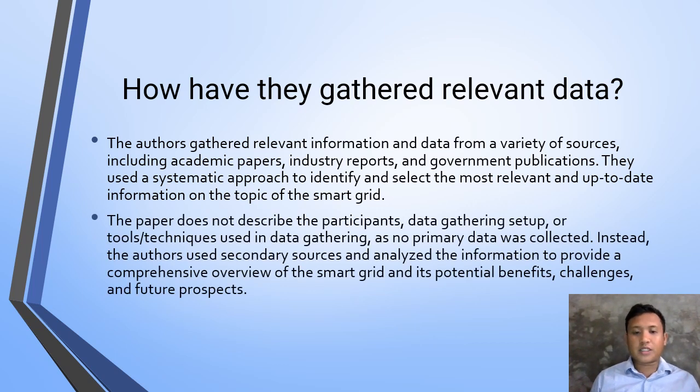The paper does not describe the participants, data gathering setup, or tools and techniques used in data gathering, as no primary data was collected. Instead, the authors used secondary sources and analyzed the information to provide a comprehensive overview of the smart grid and its potential benefits, challenges, and future prospects.